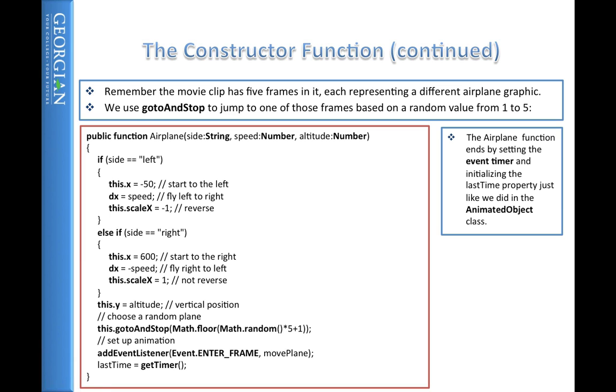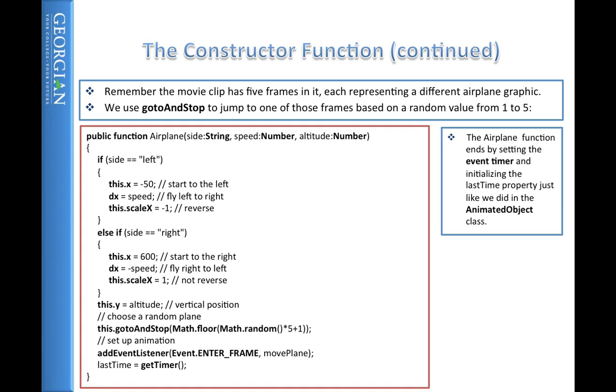Okay. We're also going to change the altitude, right? Because we're accepting this altitude parameter right here. And this y coordinate, when we say this, why do we say this? It means this object, which is the plane itself. The y coordinate of the plane is going to be whatever the altitude position is going to be.